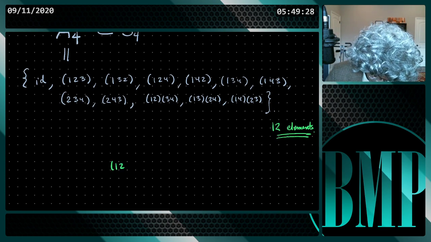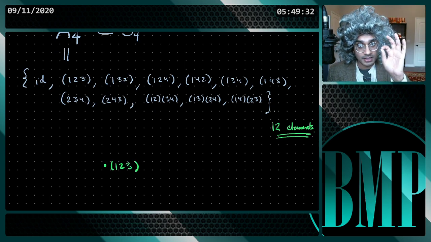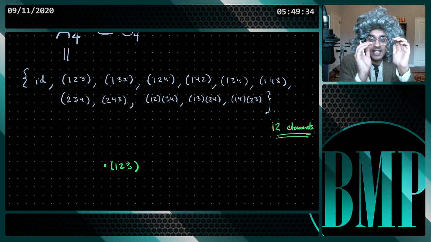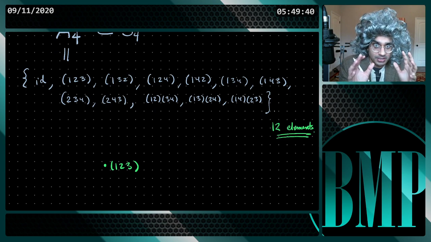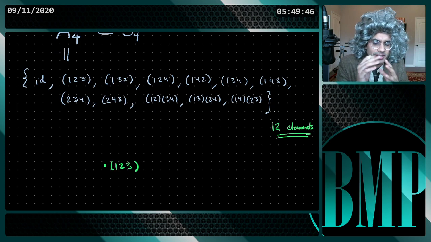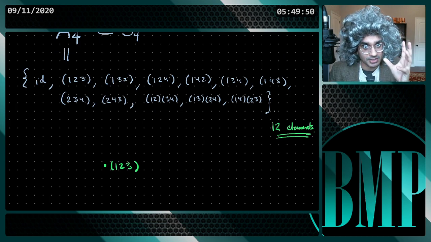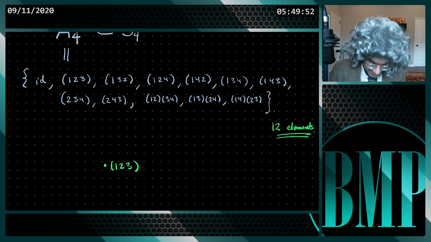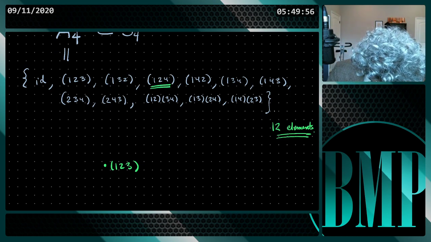I'll write a dot to indicate times, because when you're multiplying with cycle notation, using only juxtaposition can get confusing. So I'm going to write a dot every time I mean times in the permutation group. So let's do (1 2 3) times (1 2 4).